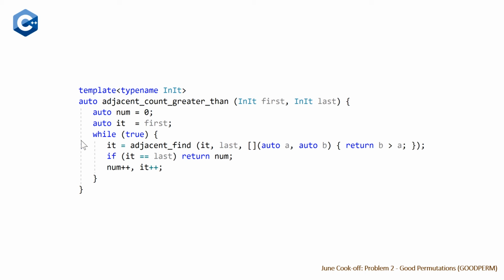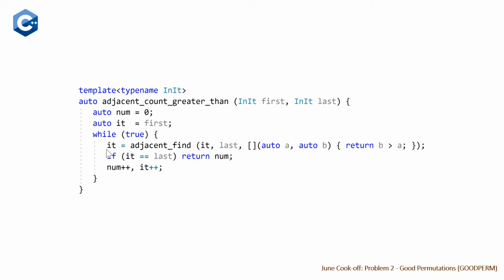And so if we just write a while loop around this, that is going to return once we get to the end of our data structure, or the last iterator that you pass this function, we can return the number of elements where B is greater than A. B is going to be the element on the right, A is going to be the element on the left.